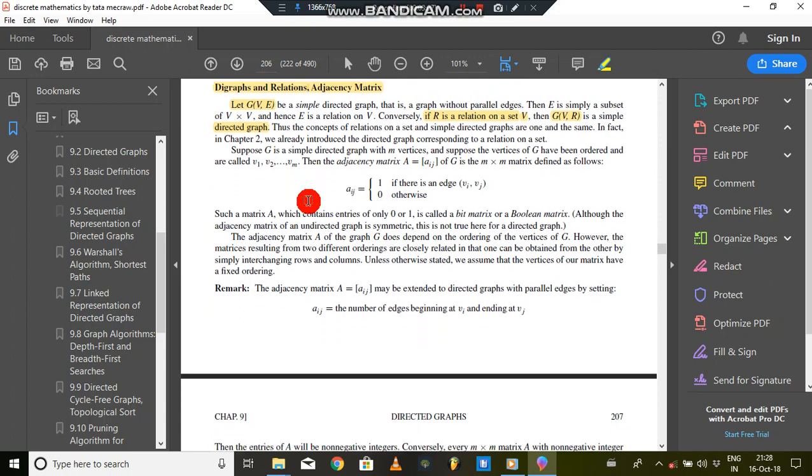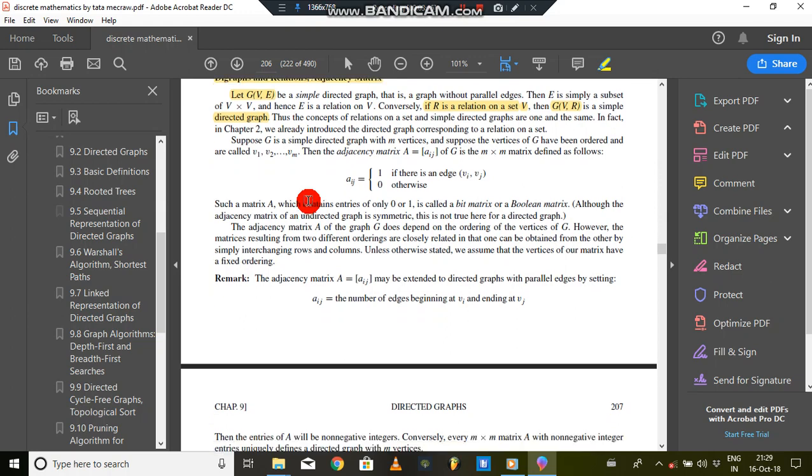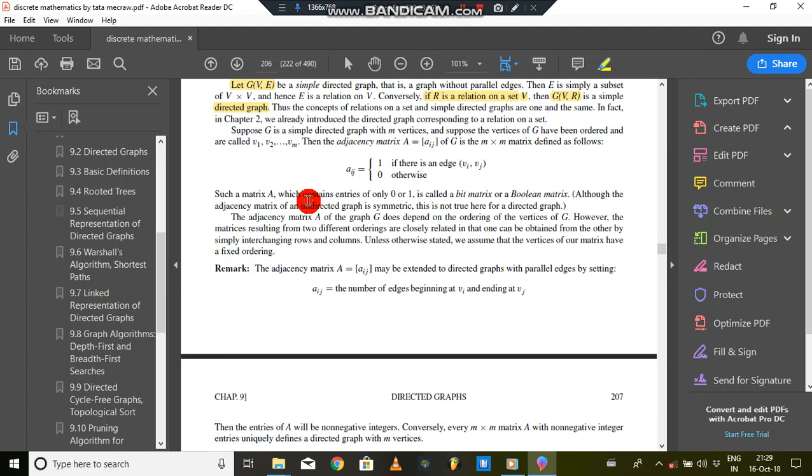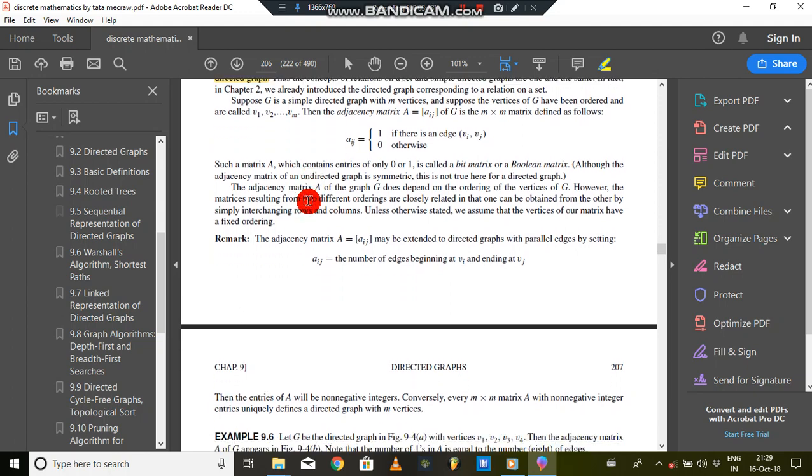In fact, we already read this in chapter 2, where we introduced the directed graph corresponding to a relation on a set. Only two values apply in the matrix, 1 and 0.